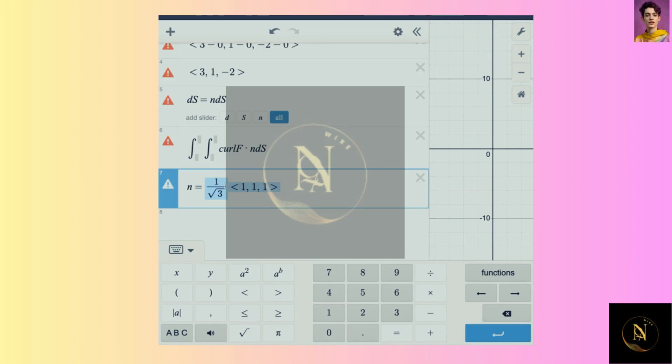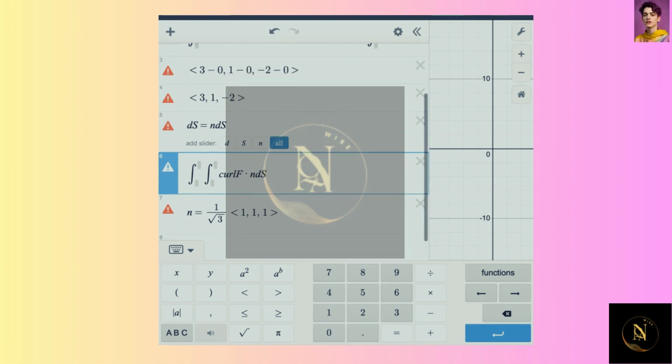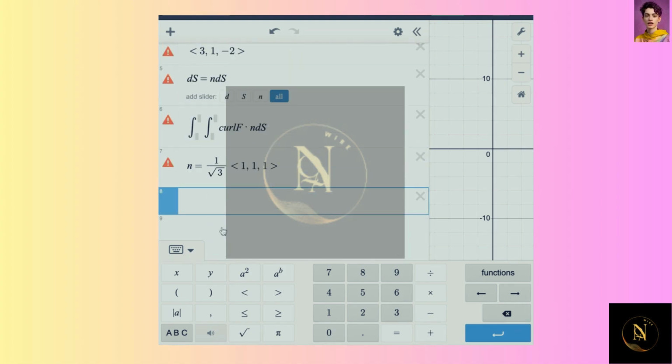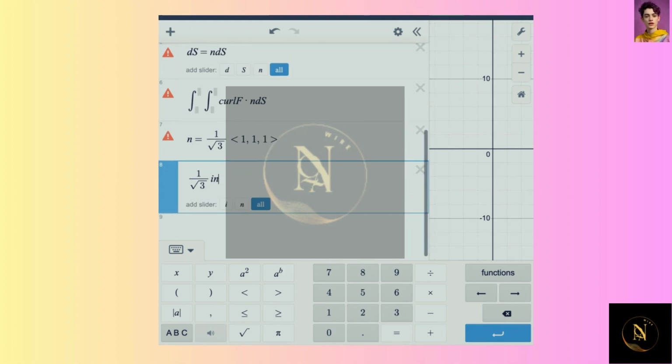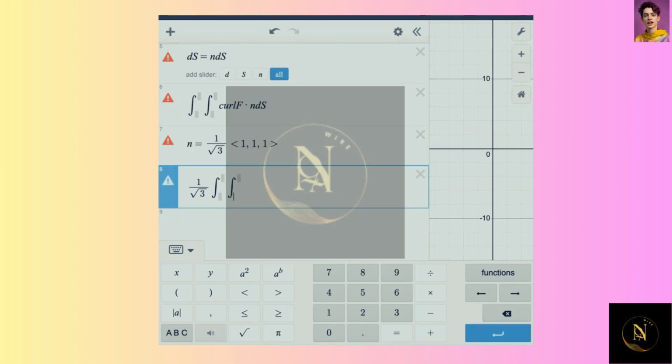As a result of that, what we'll have is this being set equal to this times the double integral of the curl of F, so 3, 1, negative 2, dot our normal vector, which is 1, 1, 1, and then we already moved the 1 over root 3 out here, dS.